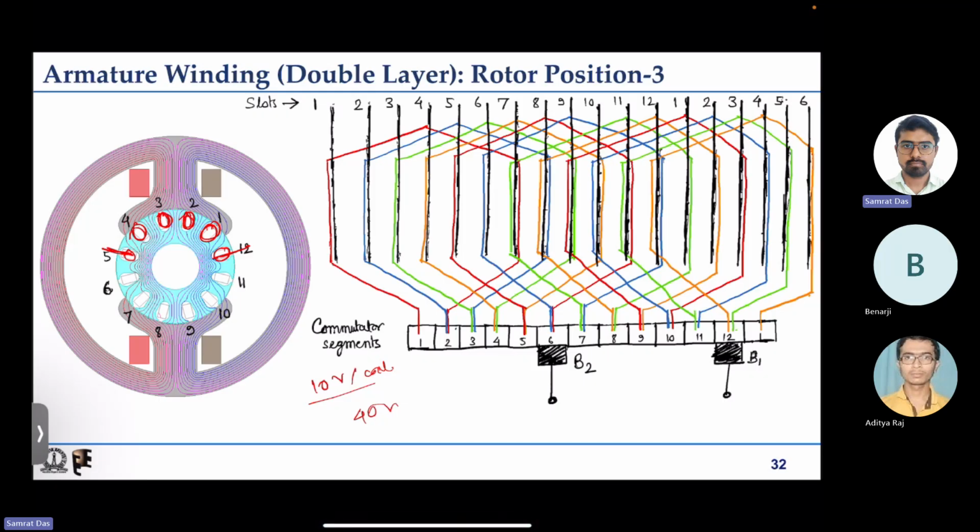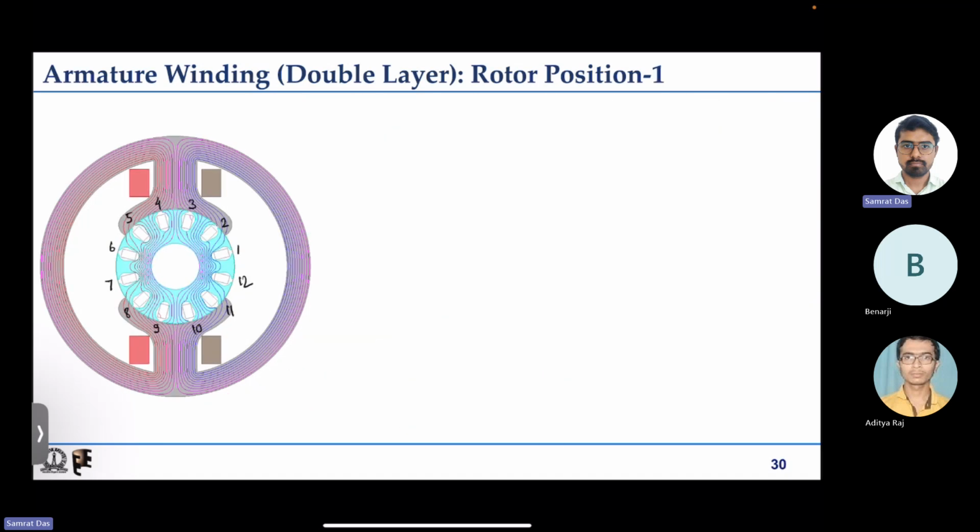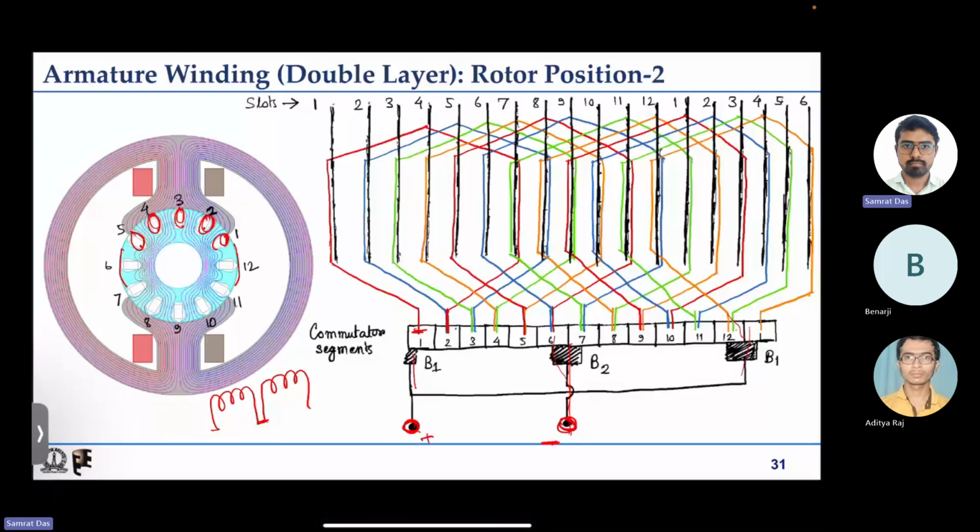As the rotor rotates, you can only have 3 rotor positions. The first one is like this, where 1, 2, 3, 4, 5, 6 are coming in series, but effectively only 2, 3, 4, 5 have induced EMF, so 40 volt. Next, 2, 3, 4, 5 are coming in series. 12 and 6 are going through commutation, they are shorted, they are not part of this series path.